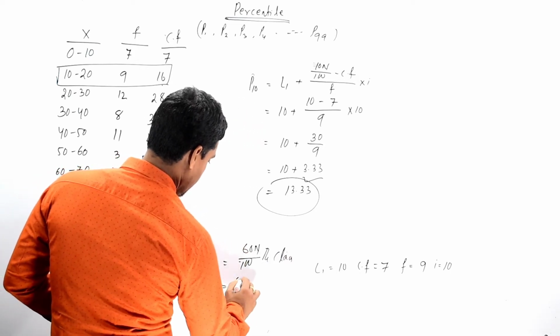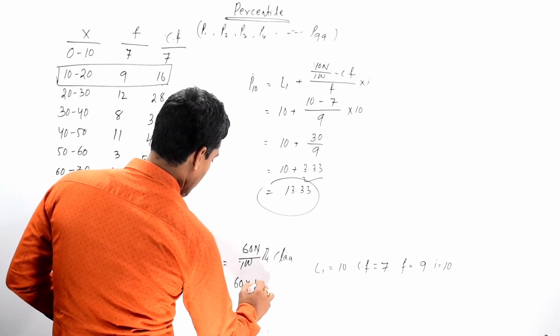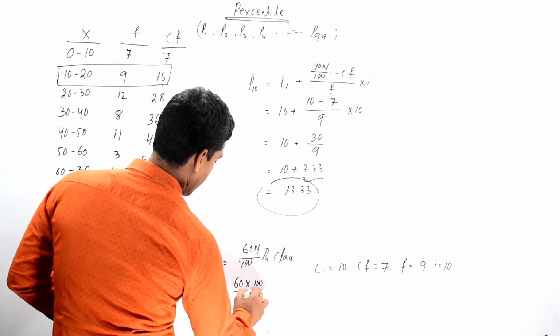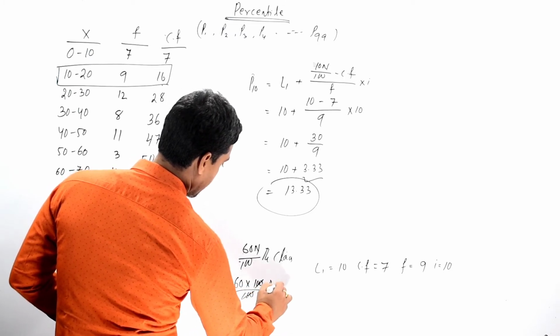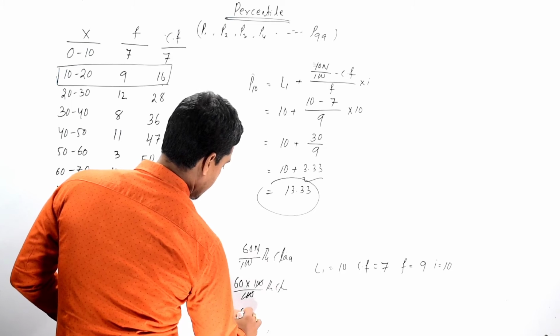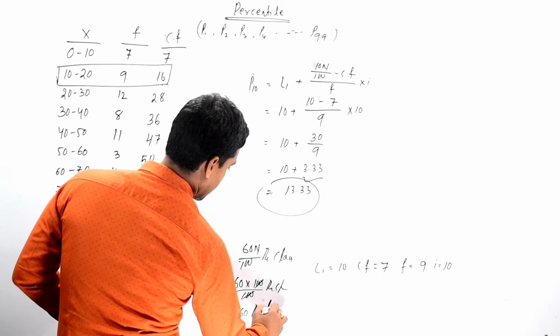Putting the values, 60 into 100 divided by 100, the 100s cancel, so it is the 60th class.